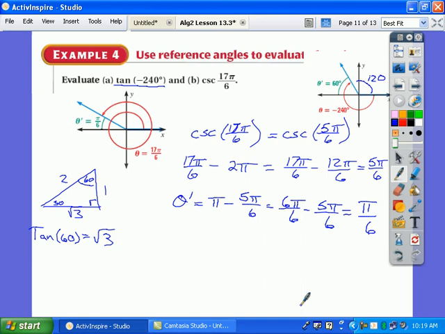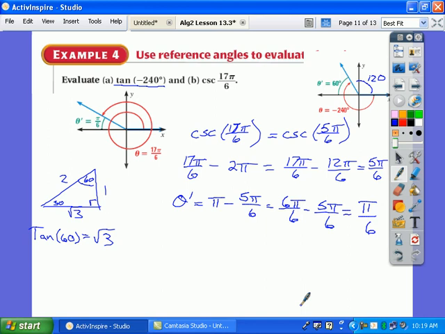Pi over 6 is 30 degrees. So what I'm really trying to find is cosecant of 30 degrees. I'll write it as cosecant of 30 degrees, and since 30 degrees and pi over 6 are the same, cosecant of pi over 6 as well.